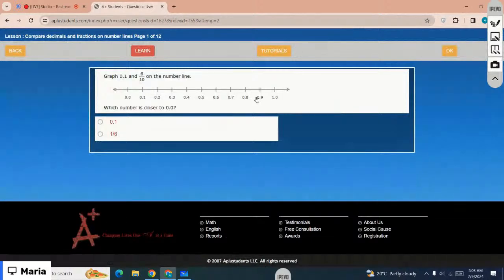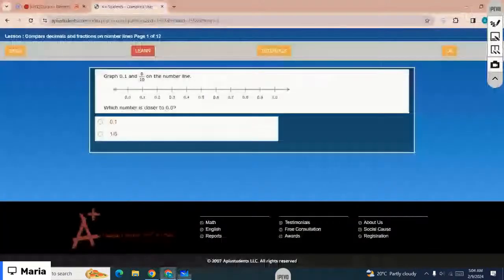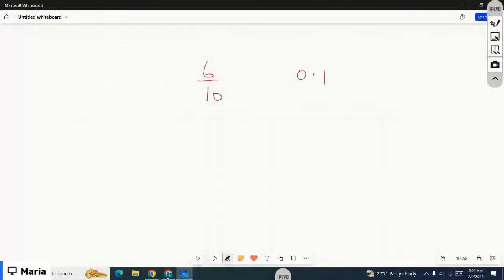Graph 0.1 and 6 over 10 on the number line. So you have to graph 0.1 and 6 by 10. You cannot graph until they are in the same form, right? One of them is 6 by 10 and one of them is 0.1, so you need to convert 6 by 10 to decimal also. When you convert 6 by 10 to decimal, that is 0.6.